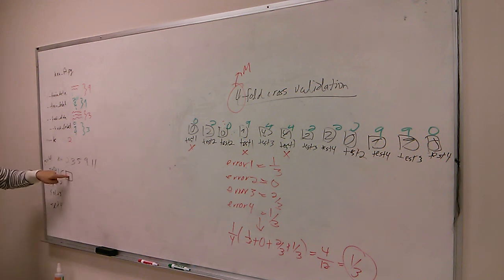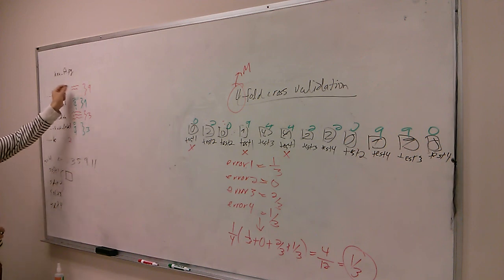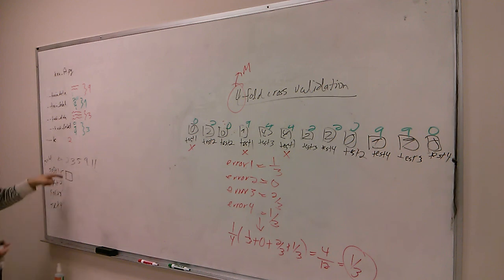For each of these, what do you do? This box here is the error output by split 1. Based on the split, you can generate the test data, the test labels, the train data, the train labels, and plug them in here. You create these files, and then you just give the names of the files to this program. You give k equals 2, run it, and it'll give a number, and you put this number here.